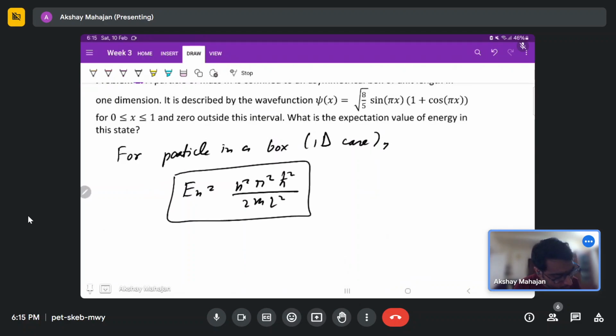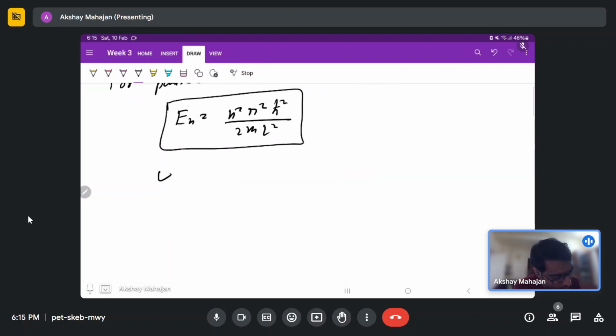Alright, this is the energy value. We also find ψn(x), but I forgot to normalize it. Okay, let's just normalize it here. So this is given by sin(nπx/L).